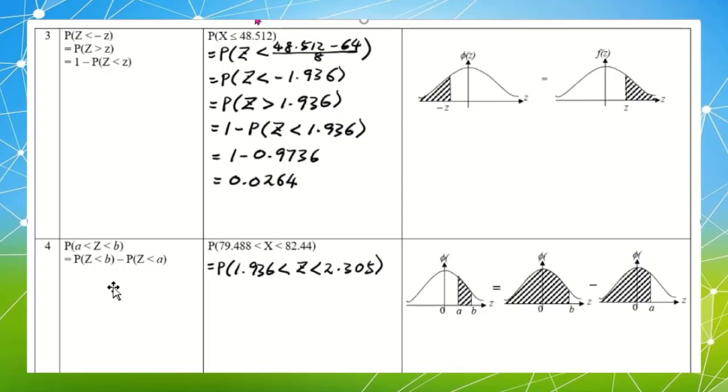Since there are two inequalities here, we need to separate the inequality. When I separate the inequality, I will get z less than the number on the right minus z less than the number on the left.